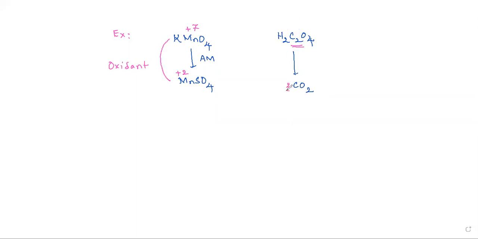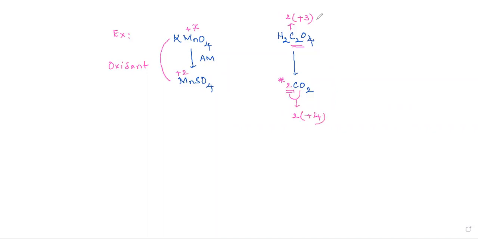So we have to consider the same number of carbon atoms in the product. Remember, you have to consider the same number of atoms as are present in the reactant, even in the product also. So in this case, it is 2 into plus 3. In this case, it will be 2 into plus 4.